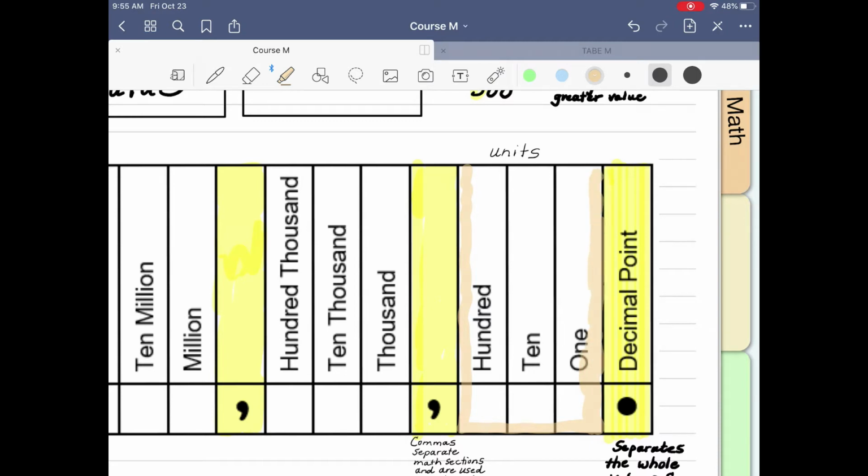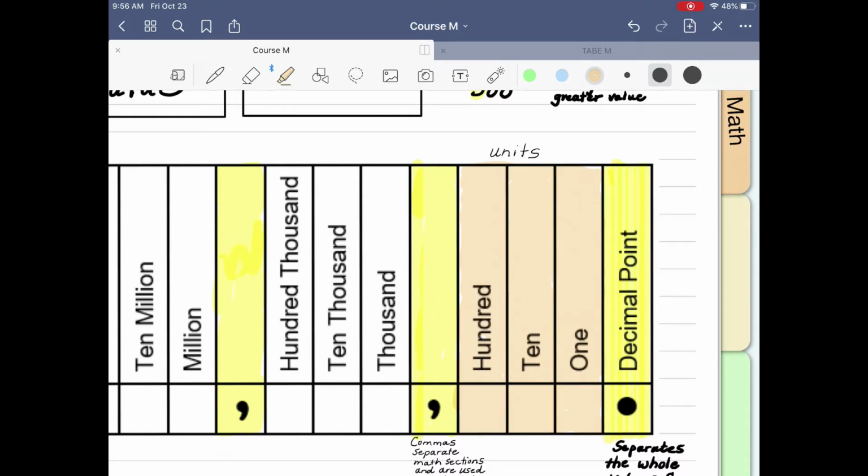So we have the unit section. Now I want you to notice there is a pattern here. The ones, tens, and hundreds always fall in the same order. The ones will be on the right, the tens will be in the middle, and the hundreds will be on the left in every section. So you need to look at that pattern and sort of commit that to memory.